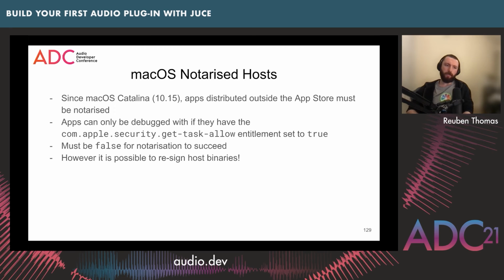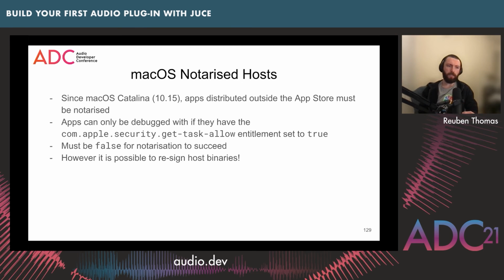However, there is a workaround. Debugging is disabled on a host by omitting a specific key, this com.apple.security.get-task-allow key, from the host entitlements. And entitlements, as we've covered a little bit earlier, are properties of an app that are specified during signing of the app.